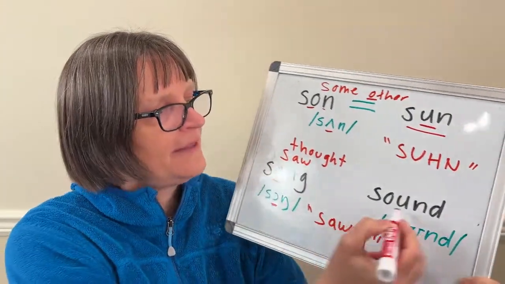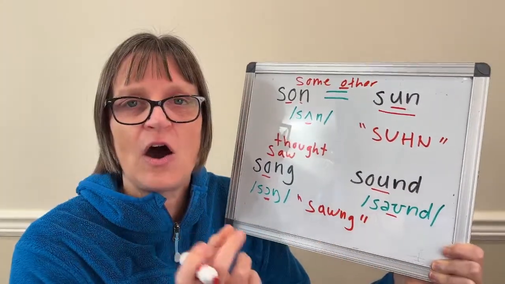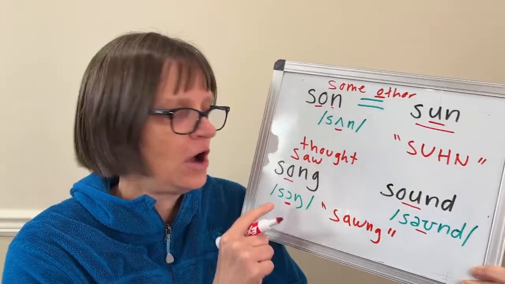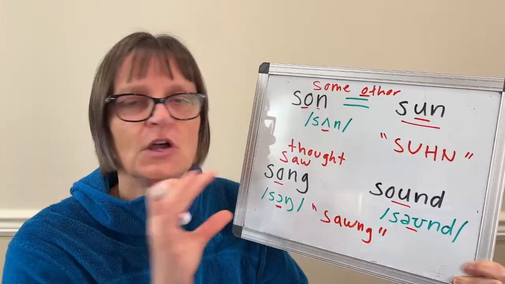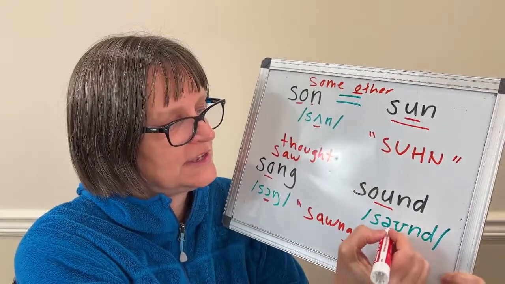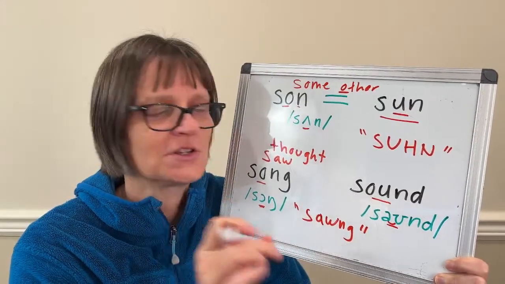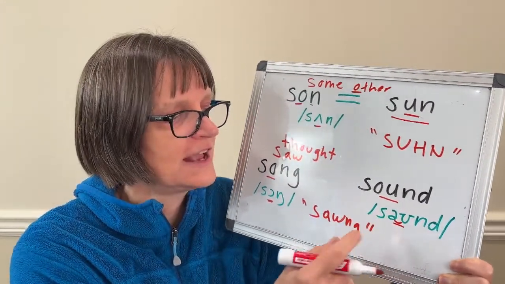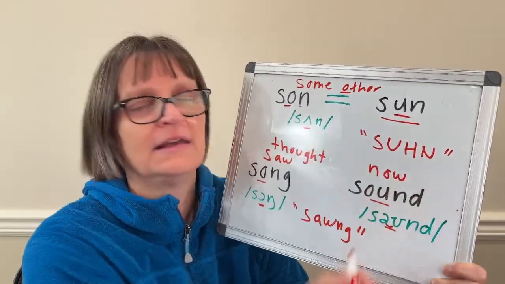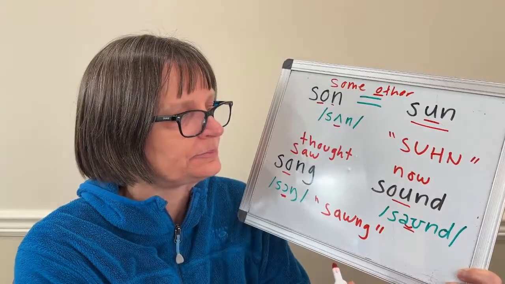And then in the word sound, we have the letters OU and we have the ow diphthong. So while sun, the vowel, song, the vowel, those are monophthongs. We don't move or glide on the vowel. In sound, this is a vowel that is made by moving between two positions. So it's kind of like an ah and an oo together, ow. We often spell it with OW, like in now, or with OU, like sound or around.